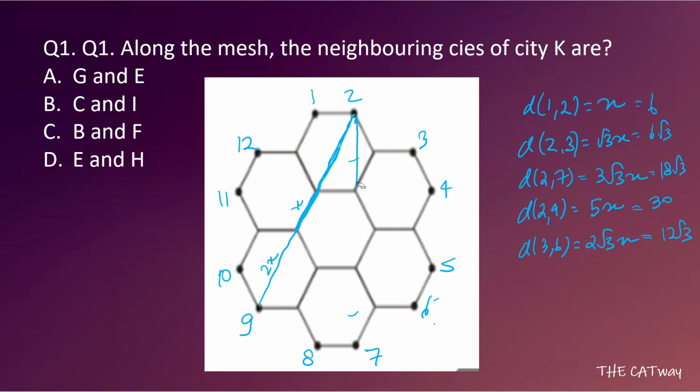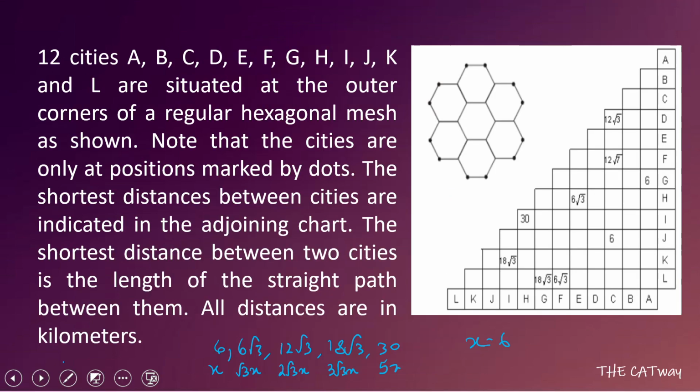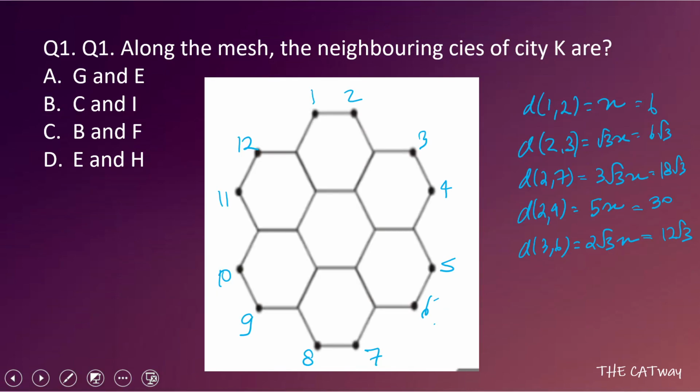Okay, so now what we have been given is that the distance between A and G is 6. We know that this distance is going to be 6, so we can take 1 as A and we can take 2 as G. Okay, so we have marked these.